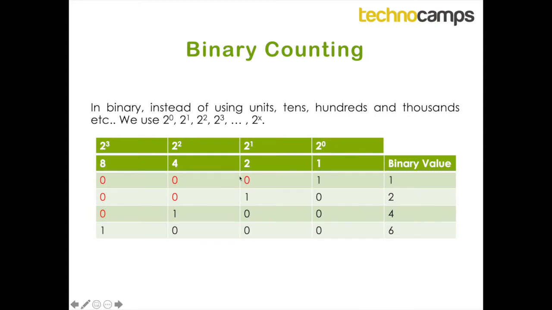In binary, you often will have the zeros on the left side. So even though you can write them as 1, 1, 0, 1, 0, 0, sometimes they are written as 0, 0, 0, 1 for the same value, or 0, 0, 1, 0 for 2.